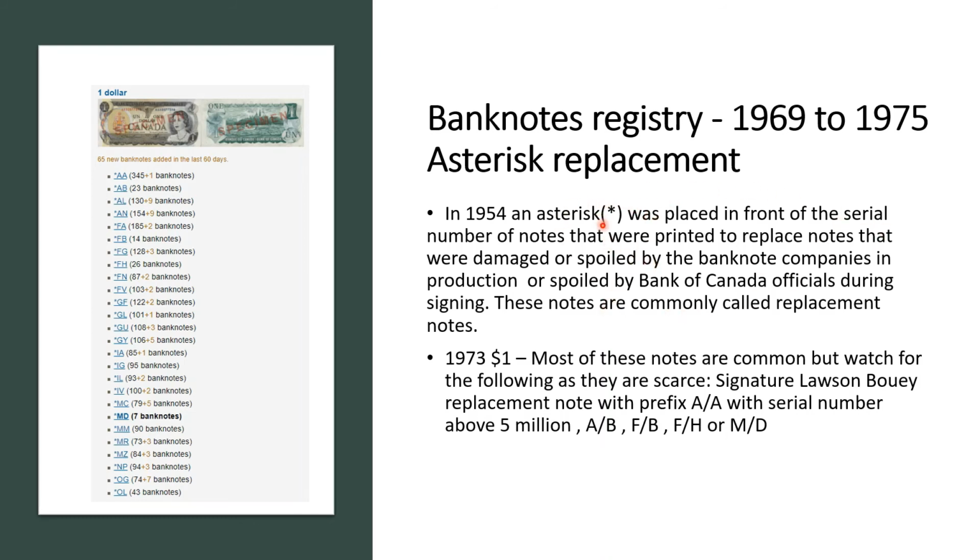It says down here most of these notes are common, but watch for the following as they are a little more scarce: a signature by Lawson Bowie replacing a note with the prefix. So we'll jot this down, and when we go to hunt through those, we'll put any aside that we have with an asterisk, and we'll do further investigation.